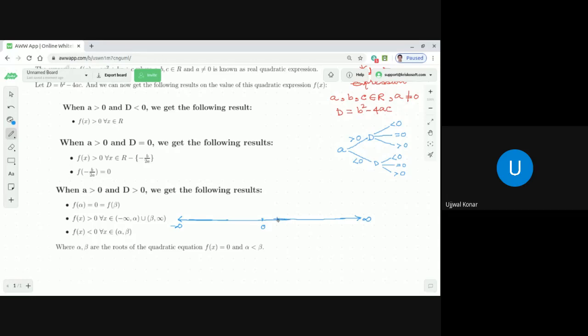Let's take this is alpha and this is beta. What we see is that f(alpha) is equal to 0 is equal to f(beta), and between alpha and beta, f(x) is less than 0. So if we draw a curve, it will be something like this.